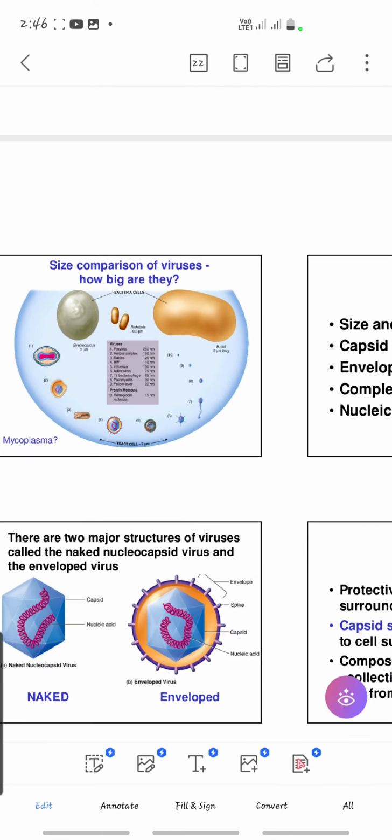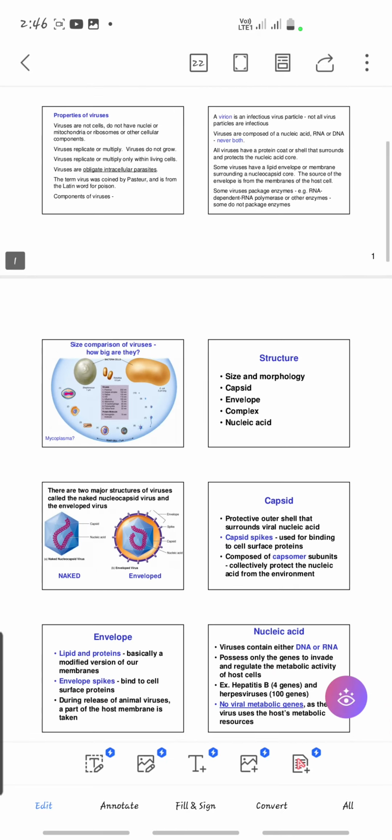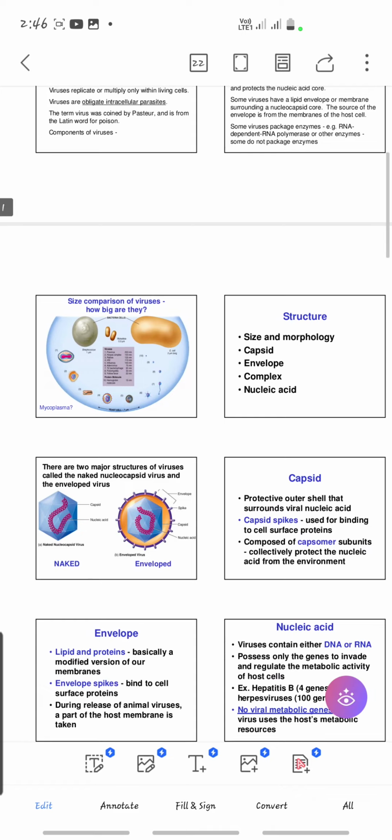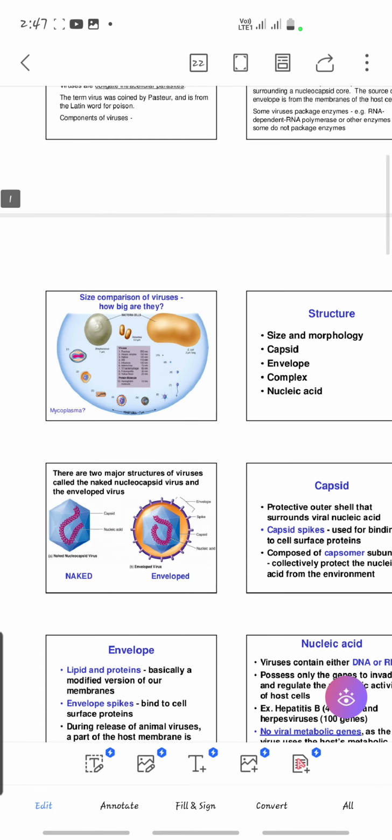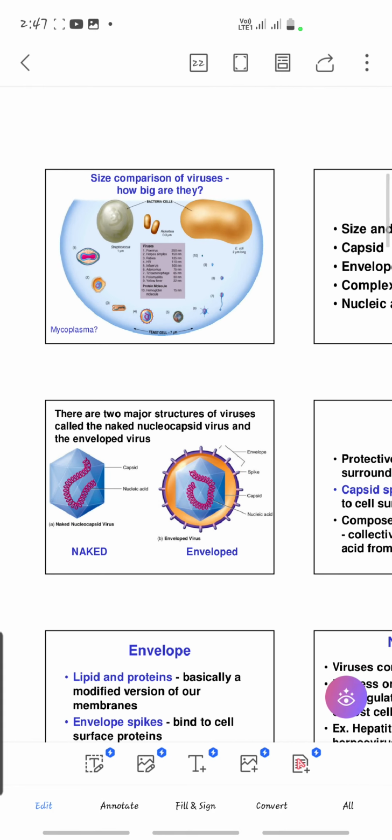So let's start by discussing the two major structures of viruses. As we all know, there are two major structures of viruses: the naked nucleocapsid virus and the enveloped virus. Okay, so as you can see, these are the differences between the naked nucleocapsid virus and the enveloped virus.